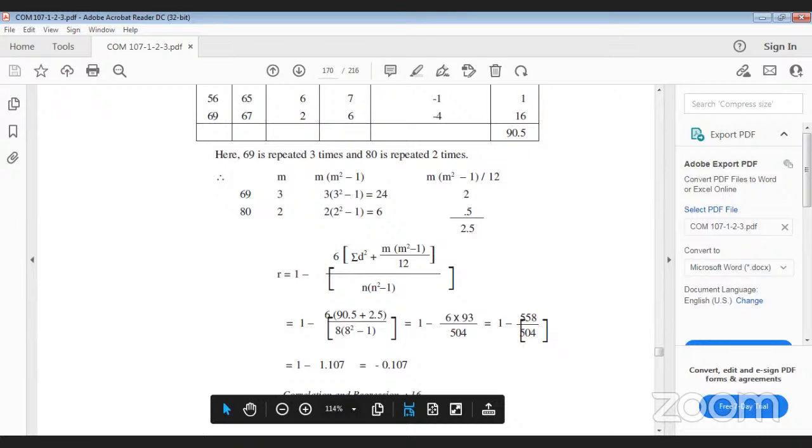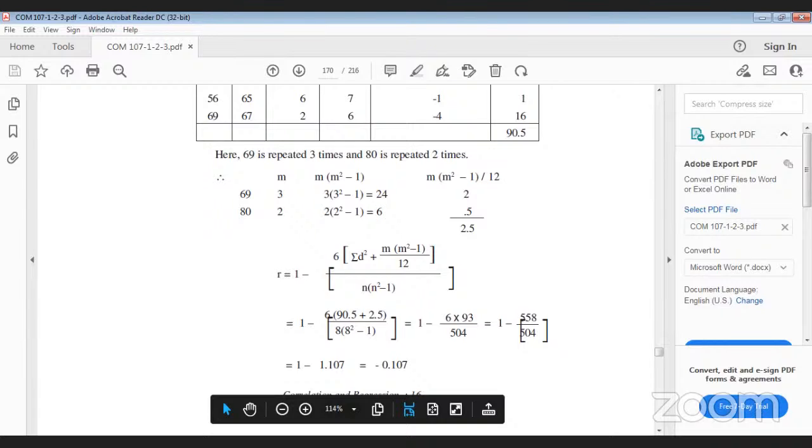So here 1 minus 6 into 94, that is 564 upon 504. That means there is a printing mistake here. Instead of 558, it should be 564.